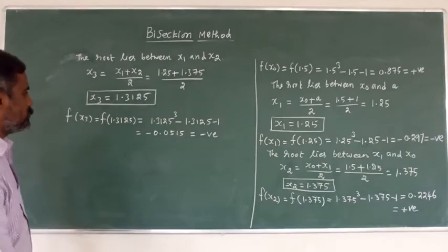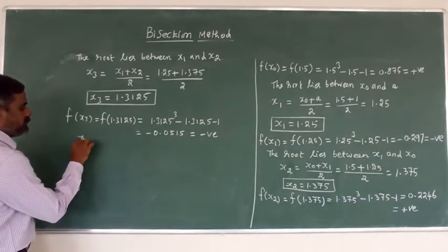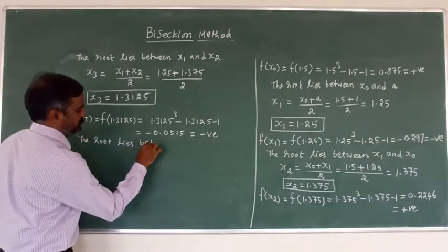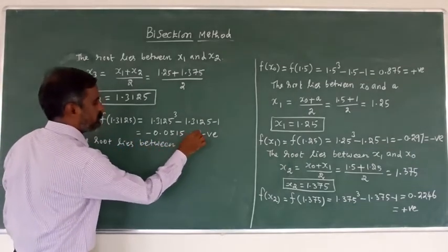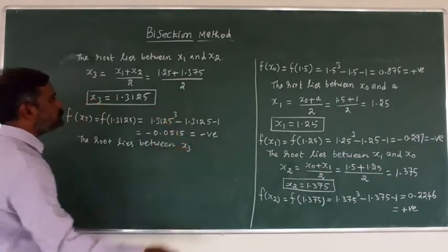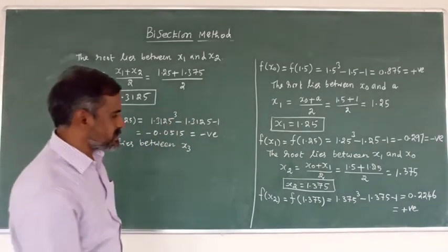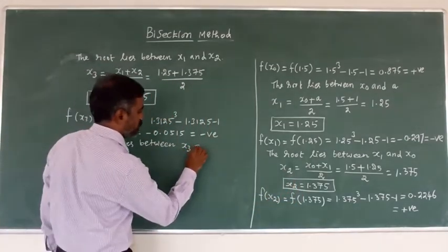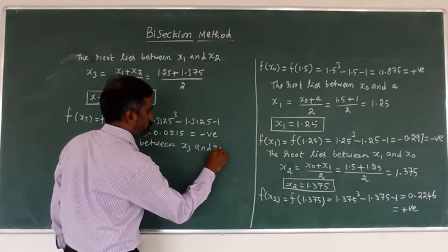So the root lies between x3, which is negative, and x2, which is positive.